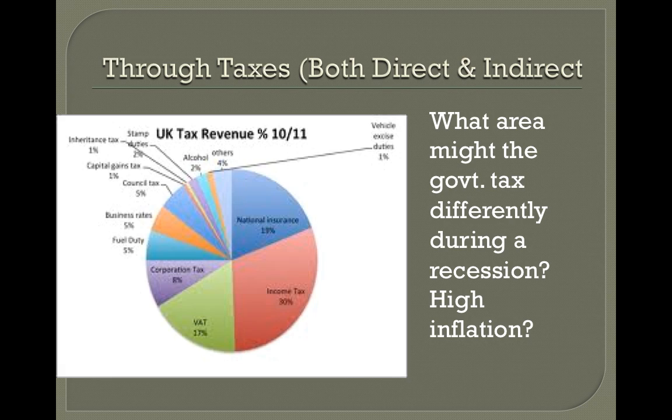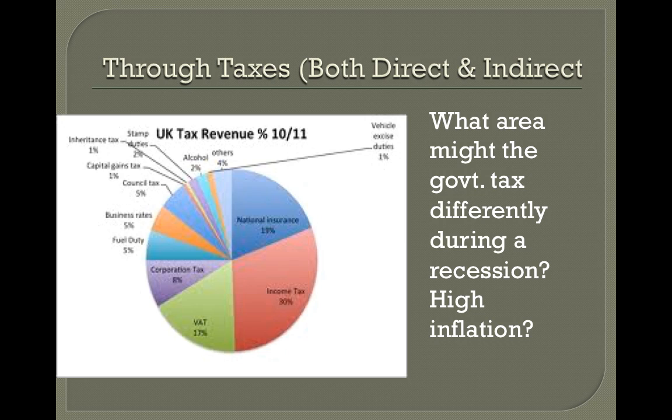So when we look at the government collection of taxes, we could look at, for example, the UK, and you can see where all these different taxes contribute to the whole pie of government revenue.